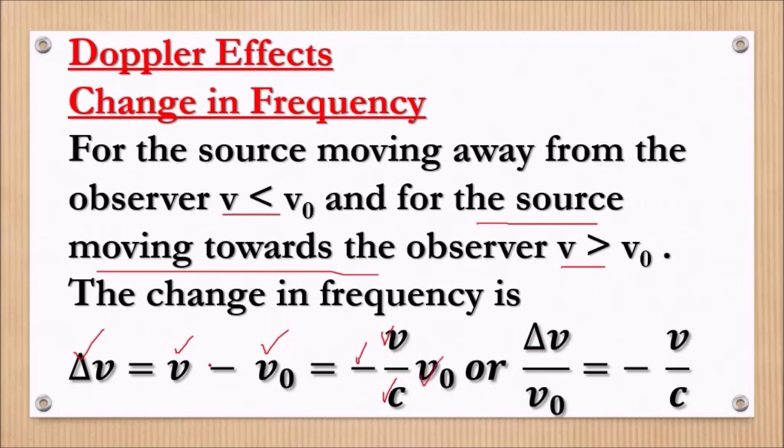After the proper calculation, when we move v naught to the left hand side, the change in frequency by v naught is equal to minus v by c.